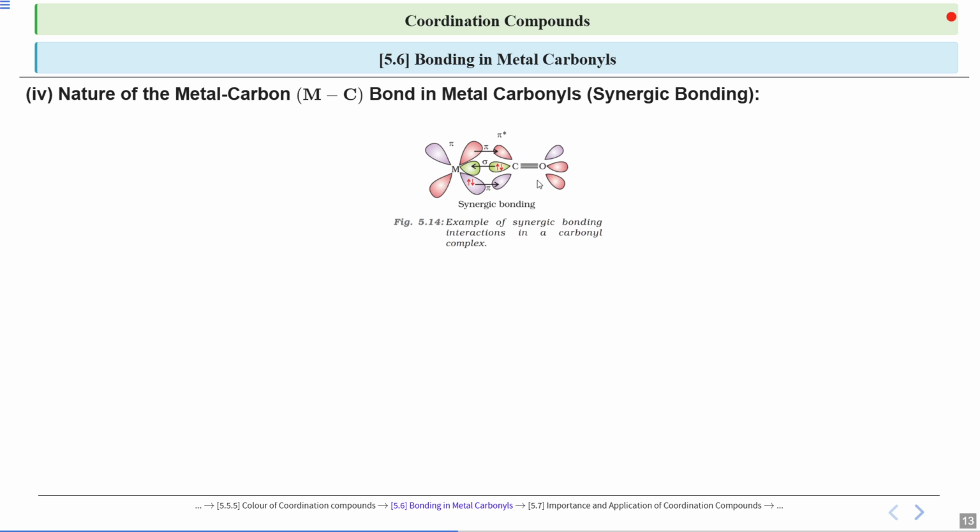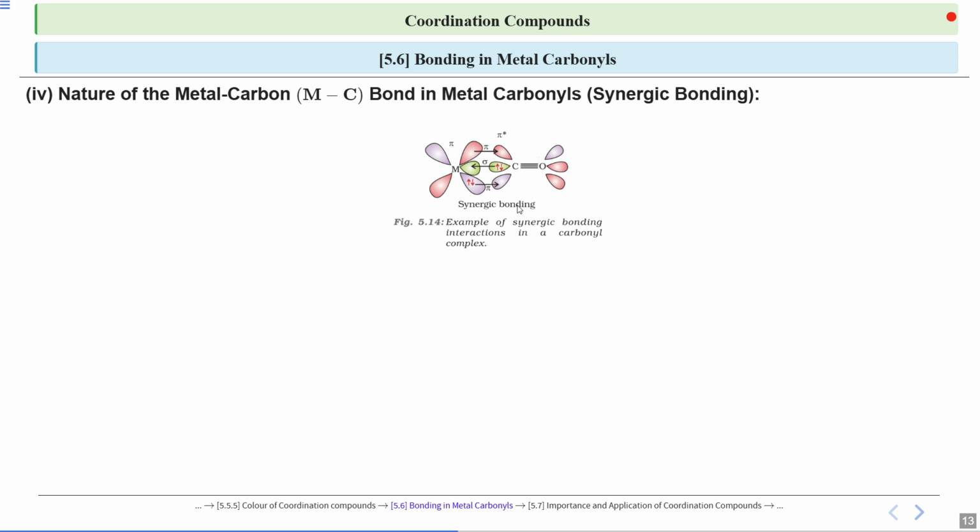Due to this, a pi bond is formed between the metal and the carbonyl. So this is what we call synergic bonding in the metal carbonyls.